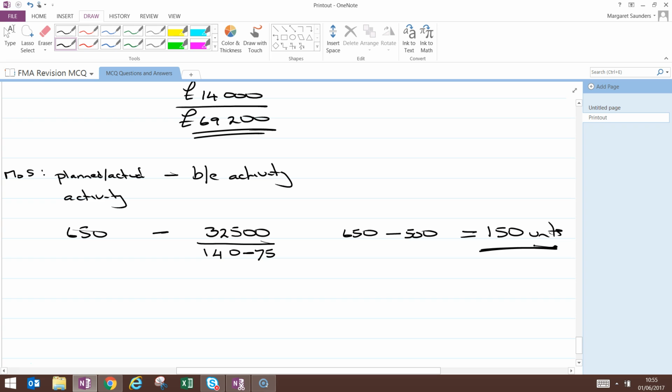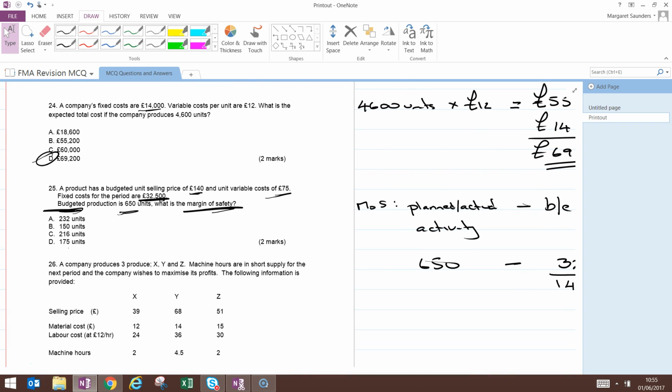So that's our margin of safety in units. Right, and just a reminder, if that had been asked for in a percentage, we would then divide the 150 by the planned 650 to give us the percentage. So the answer is 150 units, which is answer B.